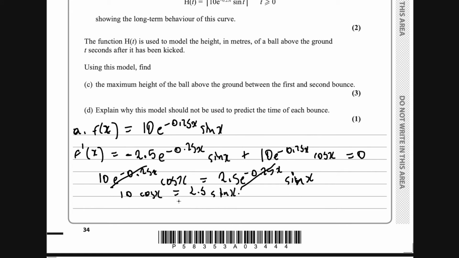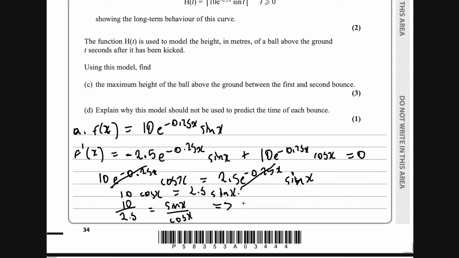I'm going to get the trigonometric functions, cos x and sin x, on this side and the numbers on that side. So 10 divided by 2.5 is equal to sin x over cos x, and 10 over 2.5 is 4. Sin x over cos x, you should know now, is one of the first trigonometric identities that you learn in AS maths.